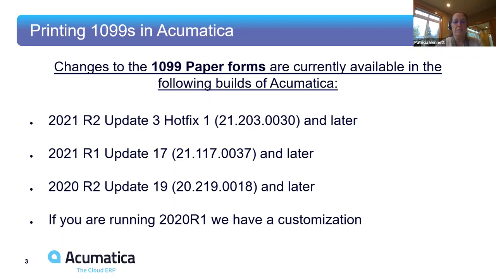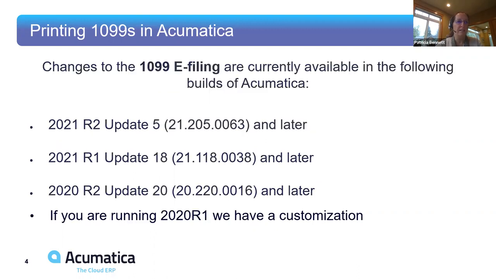For the electronic filing, these are the different versions. So if you're not on this version and you need to e-file, or the versions before and you need to paper print, we need to do a build upgrade before you can print 1099s.